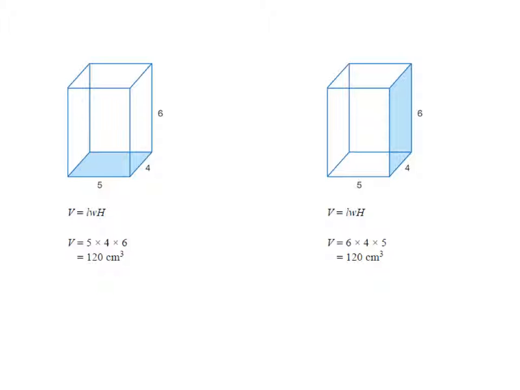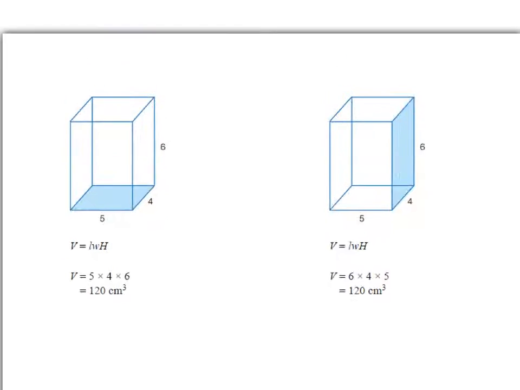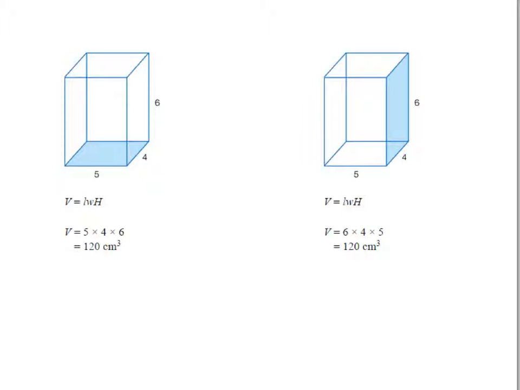So we know that volume is your length times your width times your height. Now, if you turned it around, your length and width could change. Looking at it this way, they've highlighted the base, so that could be our width, that could be our length, and then this is our height. Doesn't really matter because they're all going to be multiplied together.